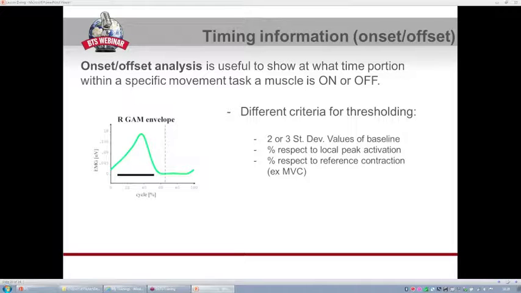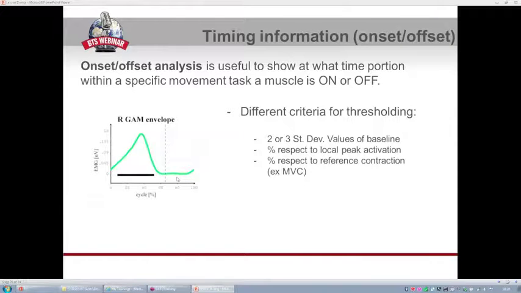So what about now timing information or onset offset information? This type of analysis can be a useful tool to show at what time portion within a specific movement task a muscle is on or off.